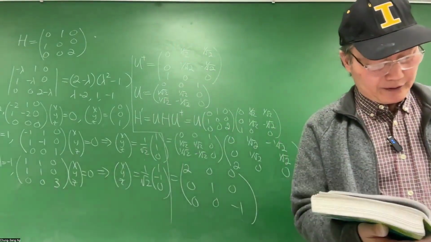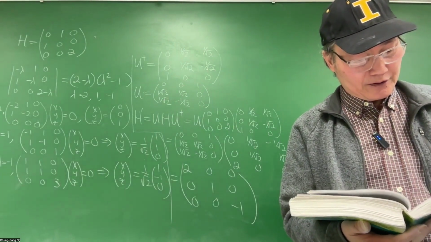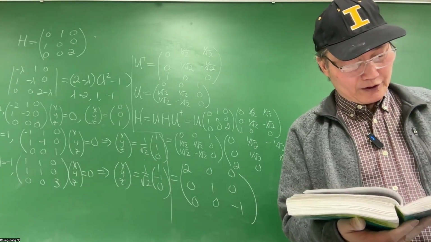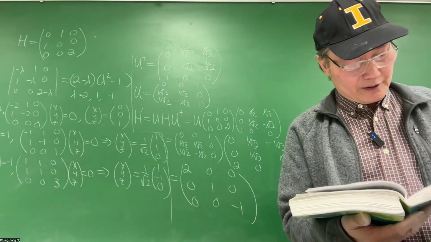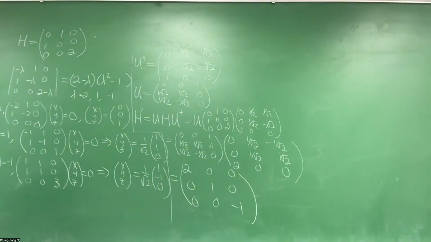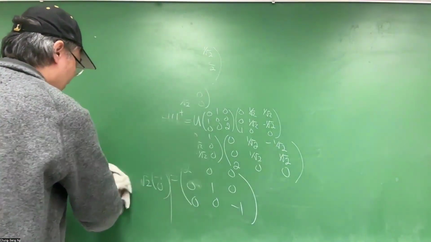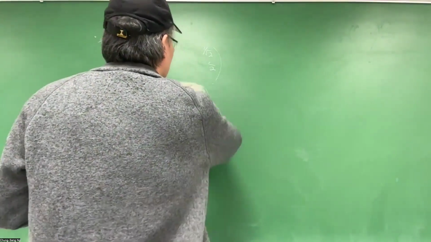The next topic is what we call simultaneous diagonalization. So for Hermitian matrices, if you have two Hermitian matrices, you can use the same basis to do diagonalization, provided they commute with each other.